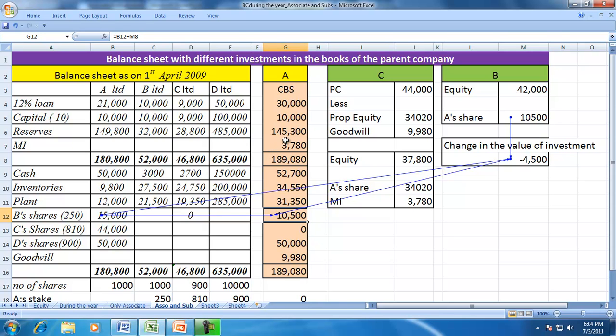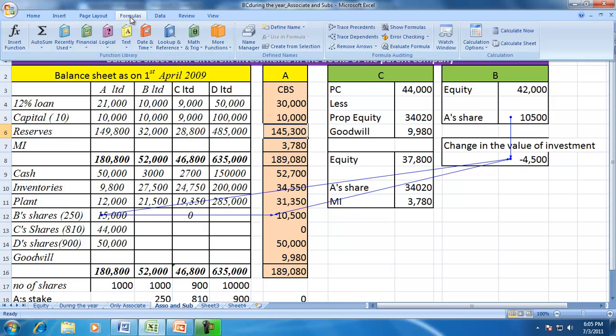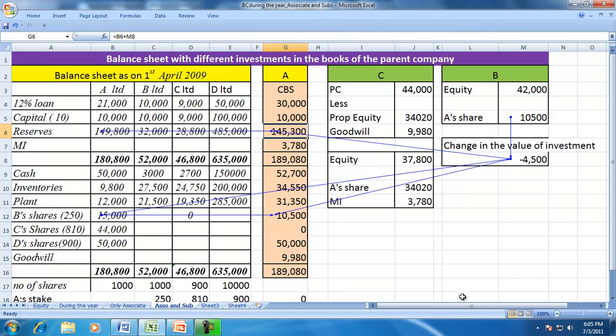Whereas D is neither an associate nor a subsidiary, so D will appear as it is. The goodwill is because of the subsidiary company, the minority interest is because of the subsidiary company, the value of the associate company changes to reflect the equity of B, and the corresponding changes will be shown in the reserves of the company.